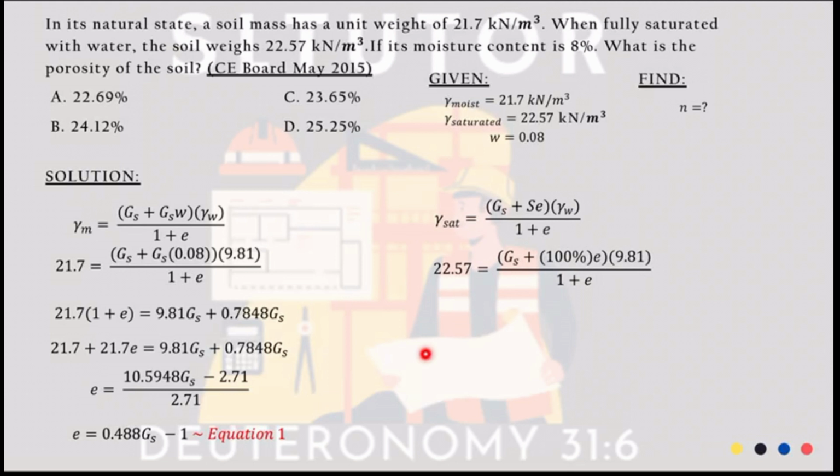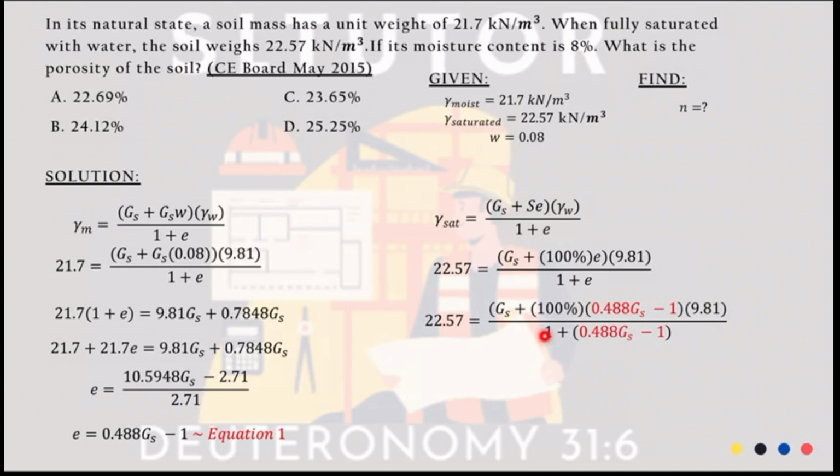Now, meron tayo ditong equation 1 na pwede nating i-substitute yung E dito sa equation na to para ang maging unknown na lang is the specific gravity. And let's do that. Substituting E equals to 0.488 GS minus 1, we can get this equation.